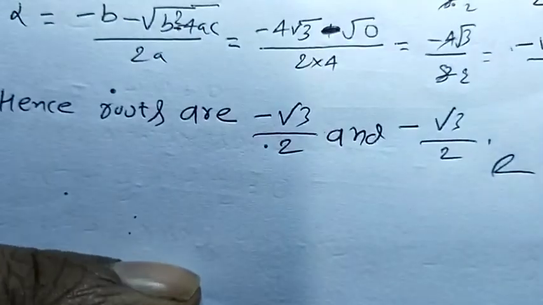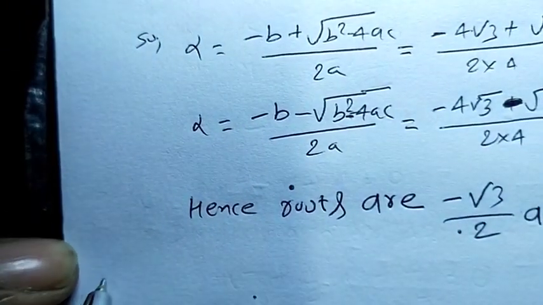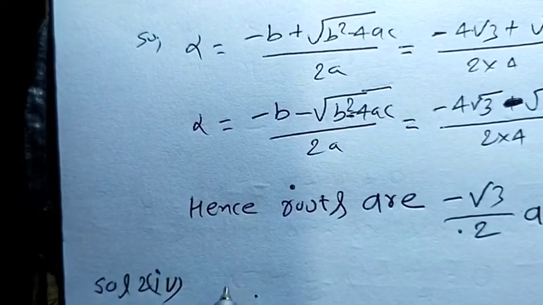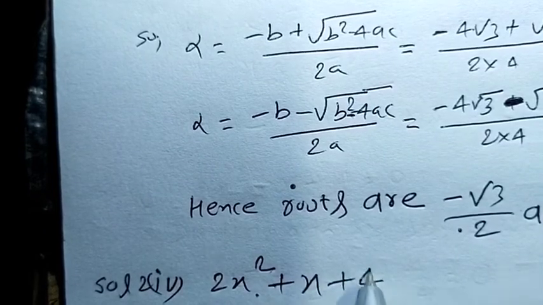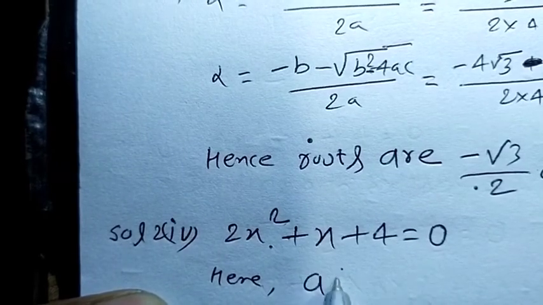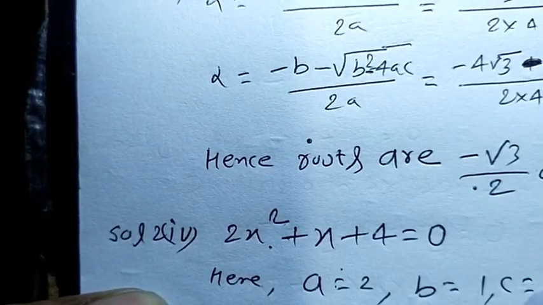That is our answer. Now the question number 4 is 2x square plus x plus 4 is equal to 0. Here a is equal to 2, b is equal to 1, c is equal to 4.